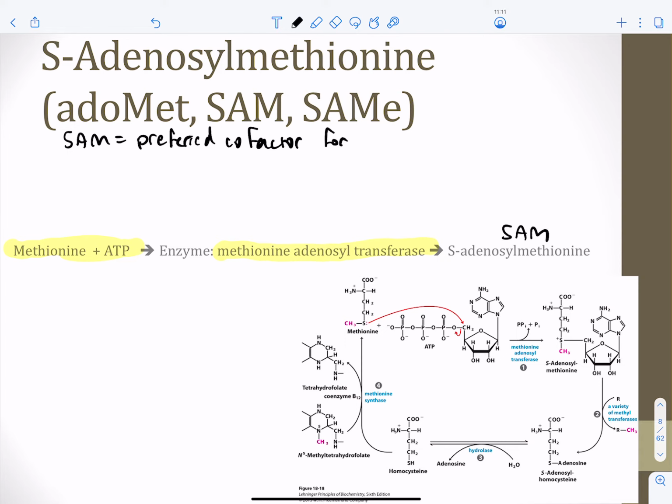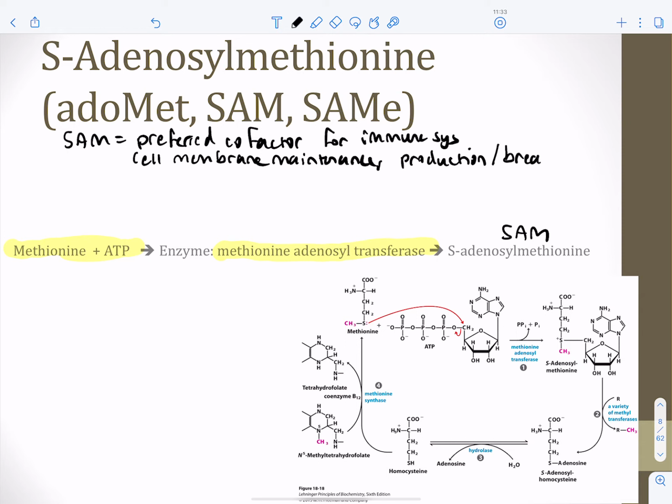It's going to be important for cell membranes. It's going to be important for the production and breakdown of several important compounds. For example, dopamine, melatonin, and serotonin.